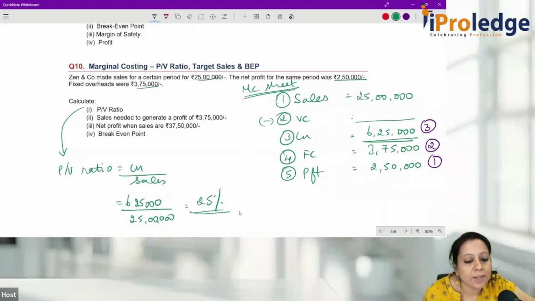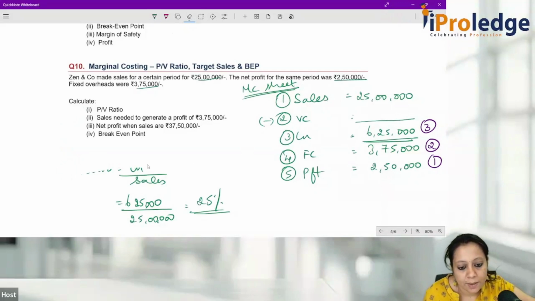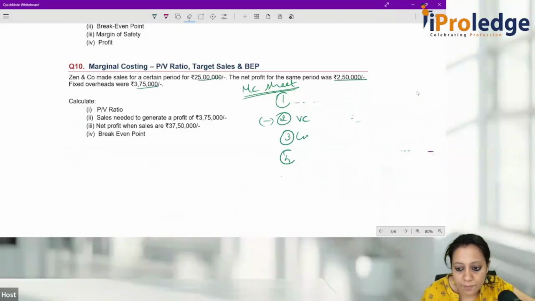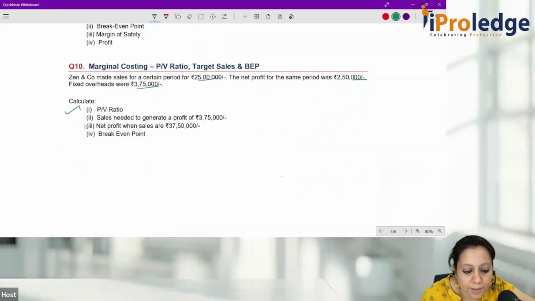Now, sales needed to generate a profit of 3,75,000. Whenever they have given profit in the question, we can use this formula.